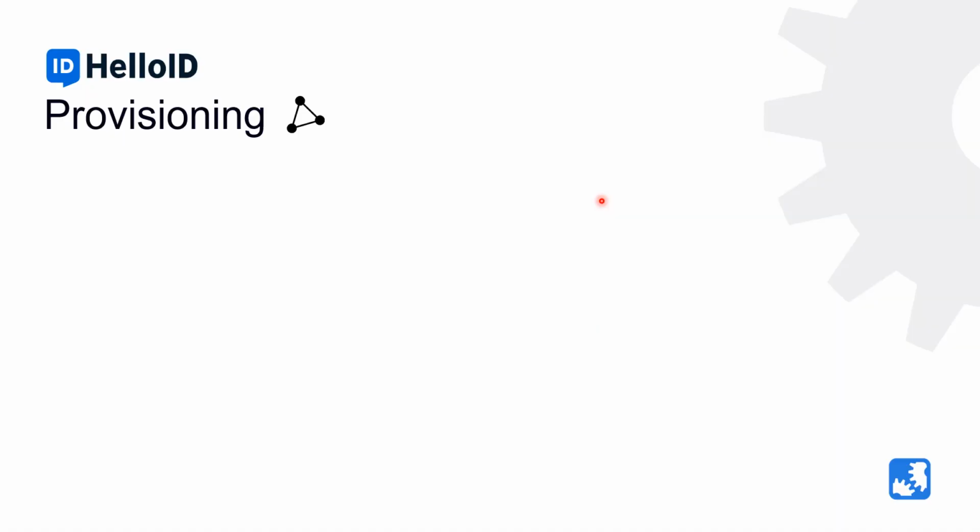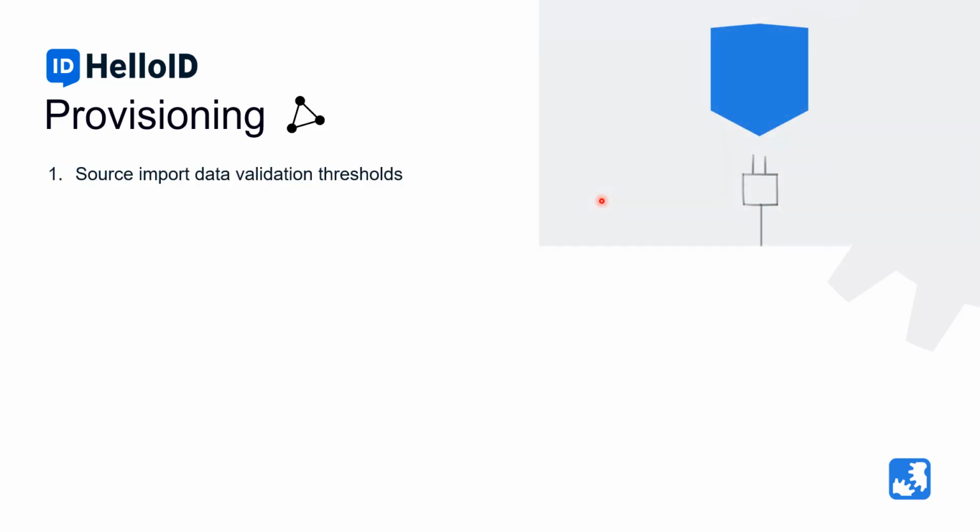We have 5 new items in this release. Now we can check on the source input if all the fields are available, and then you can select which fields are not supposed to be empty. If a field is empty, you can block that record for import.